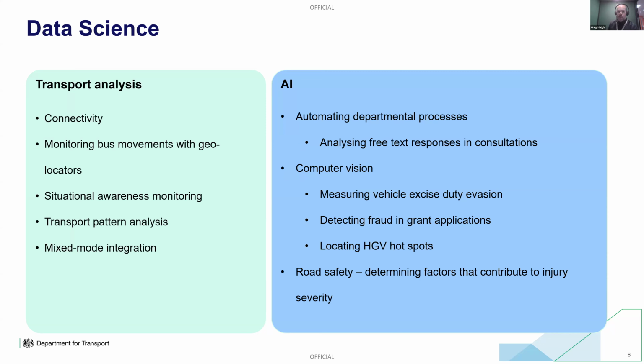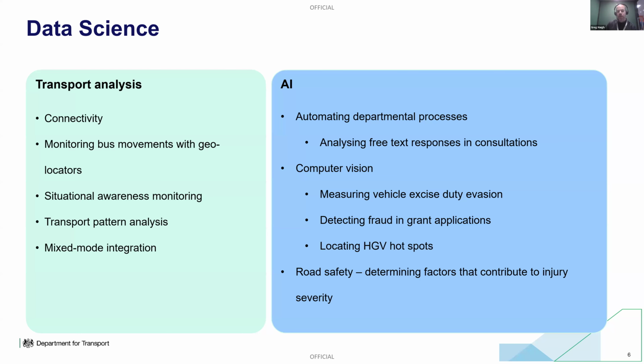We do lots of work looking at transport pattern analysis as well, to understand how people like to travel. As an example, we've been doing a lot of work around mixed mode integration. Can we understand how well multi-stage journeys work for people when they're taking a bus to a train station and then an onward train? Is it possible to integrate those 2 legs more effectively? So that's the transport analysis side.